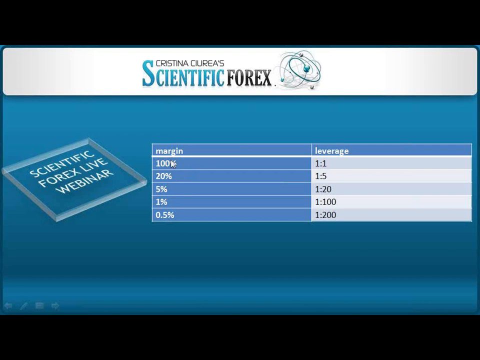This can happen on the stock market when we are buying directly some shares, or when we are going for a contract for difference for different types of shares. We can have margin of 20%. This means one leverage 1-to-5.